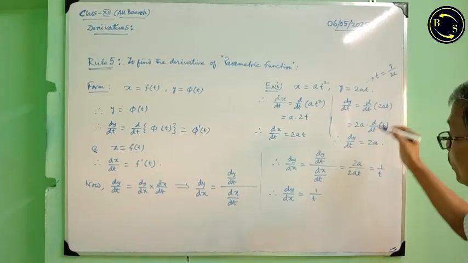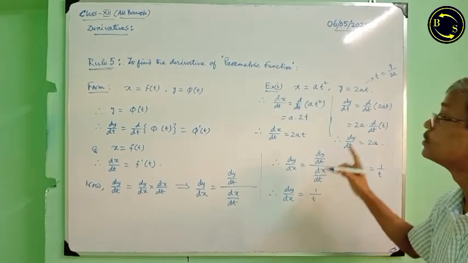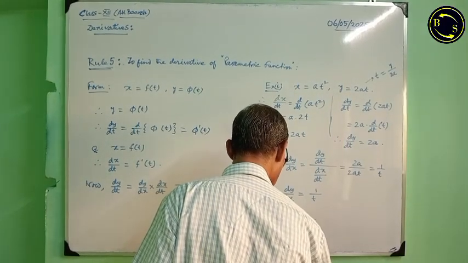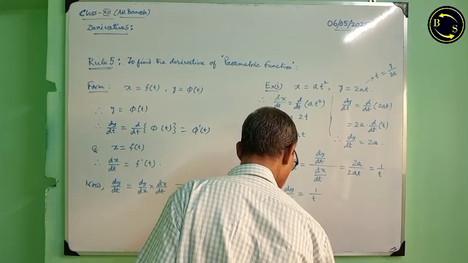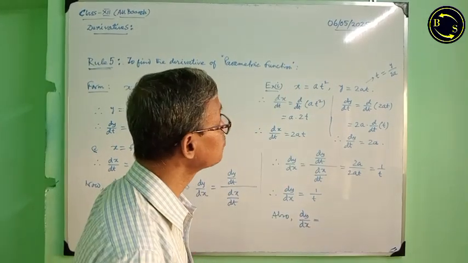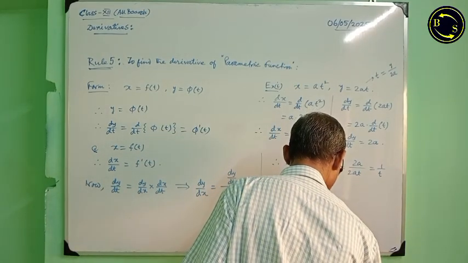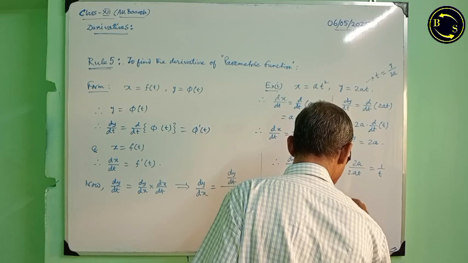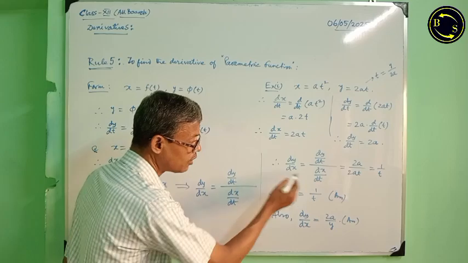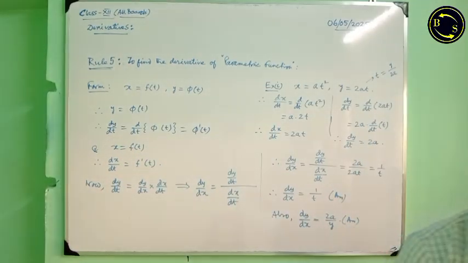Hence, if you were to express dy/dx in terms of say y, then I put the value to express that in terms of y, that will be finally 2a by y. This form is in terms of t and this form is in terms of y. Also a is there, a is constant.